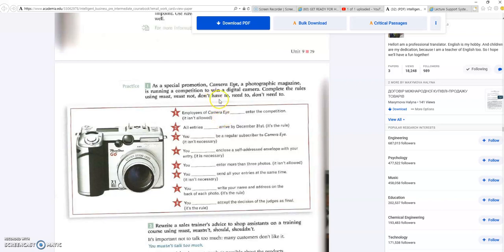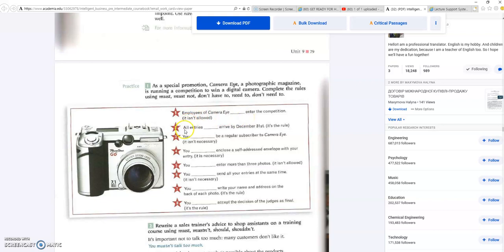What about don't have to? I don't know. It could be any one of those, really, in my opinion. Employees of Camera Eye, blank, enter the competition. So I would think that must not enter would be the most appropriate here.